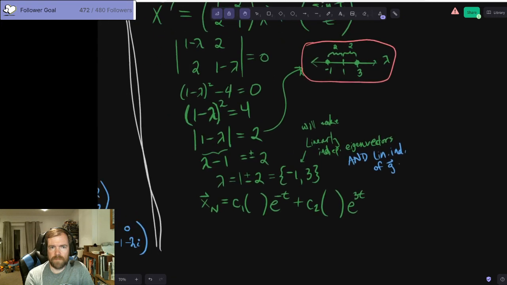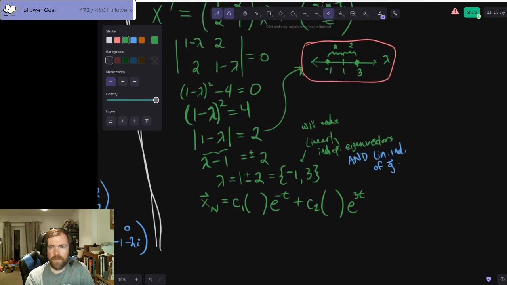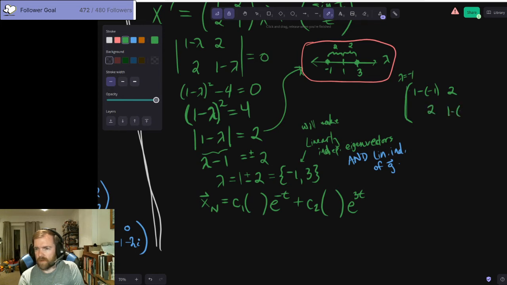Same thing with using the eigenvalues, put them into the matrix you made above with the lambdas, and augment with 0, 0. So when lambda is -1, we're going to get 1 minus lambda, 1, 2, 1 minus lambda, 1, -1, augment 0, 0.